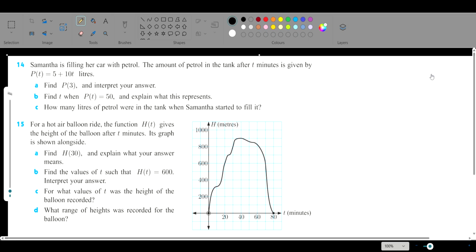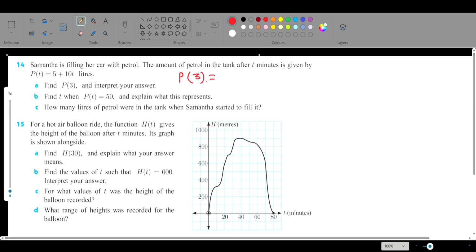What is the context of the problem? And what are you finding out? What is the meaning of that? For example, P represents the amount of petrol filled, and t represents the time.